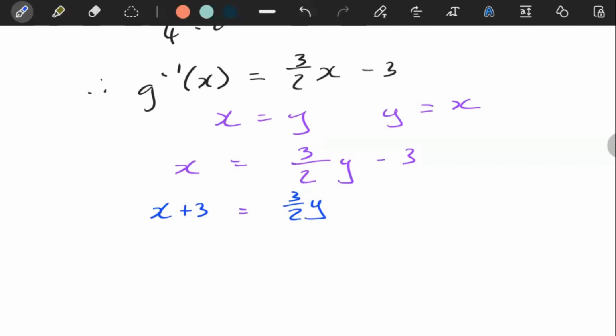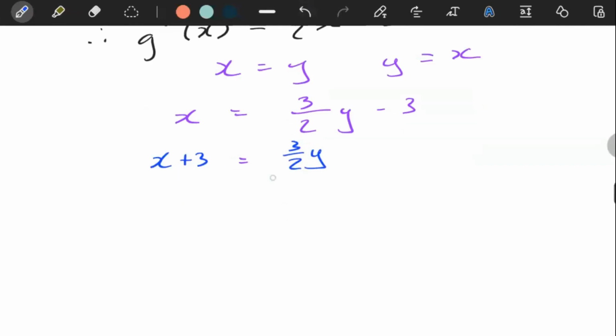And then if you make y the subject of the formula, you will technically have 1 divided by 3 over 2, that's 2 over 3 x. 3 divided by 3 over 2, that's 2. Yes. So here you can say therefore y is equal to 2 over 3 x plus 2.